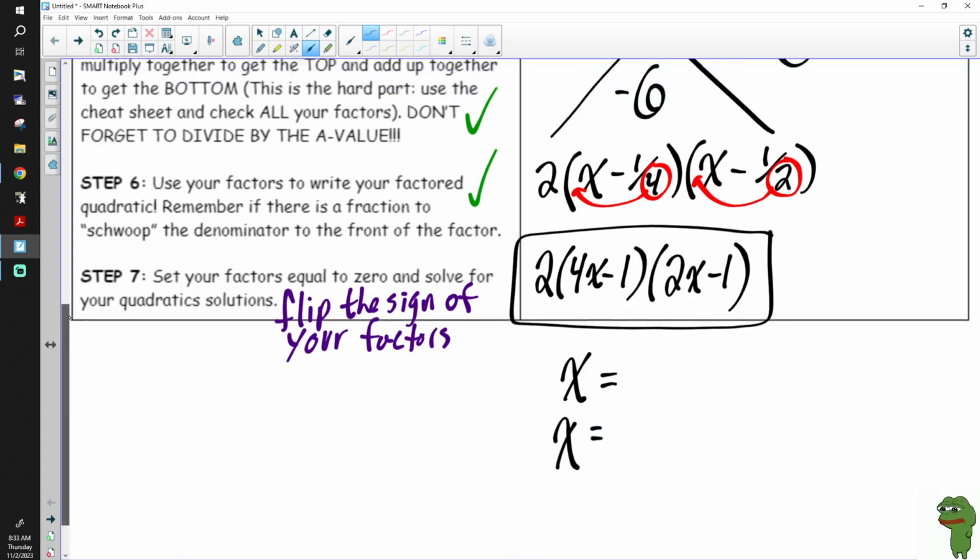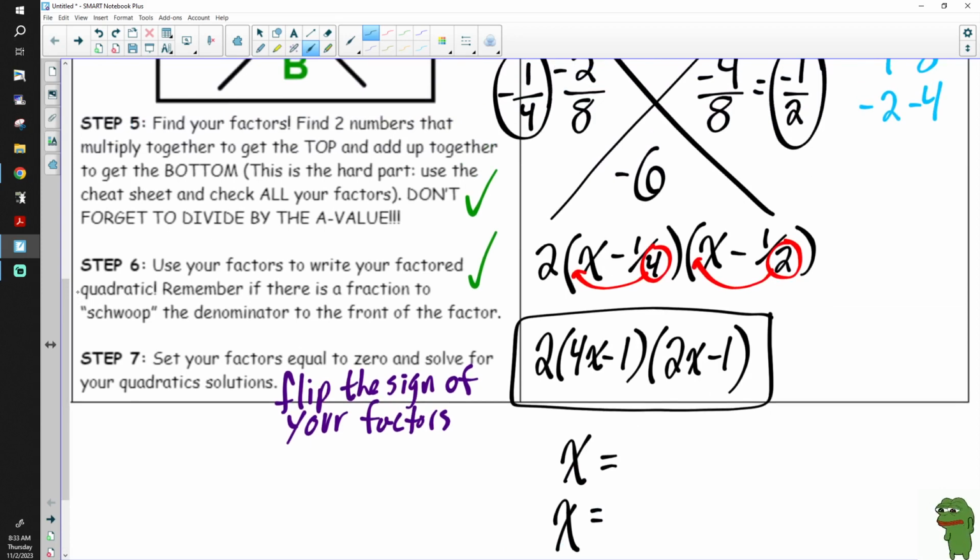My first one looks, the factor is negative 1/4, which means the solution is the opposite, positive 1/4. Negative 1/2 is my factor, so my solution would be positive 1/2. Does that make sense?